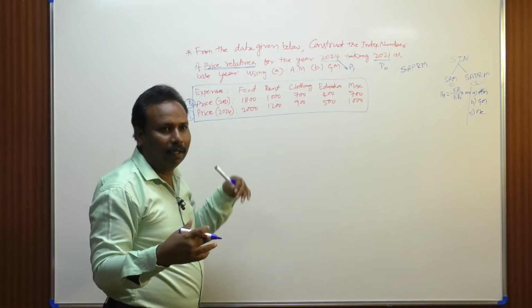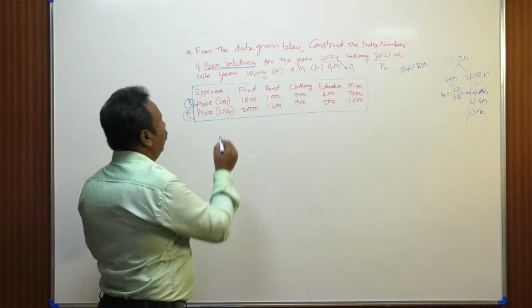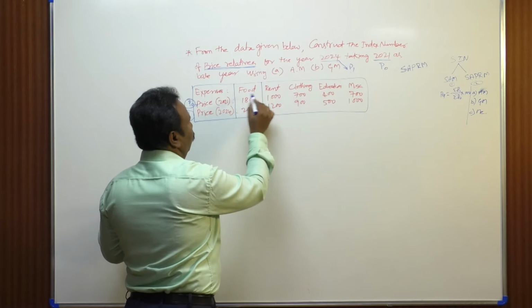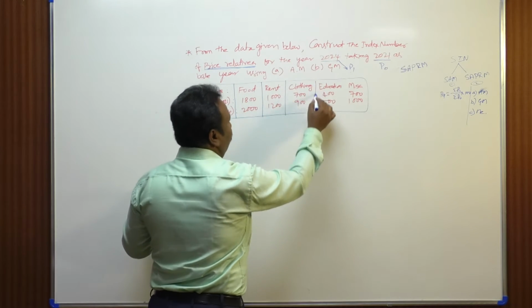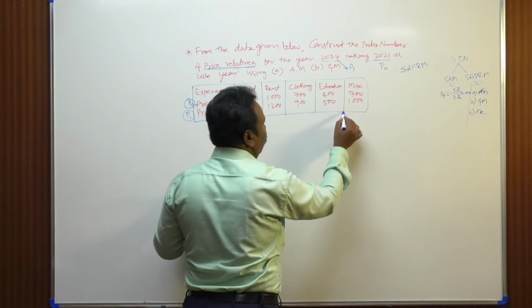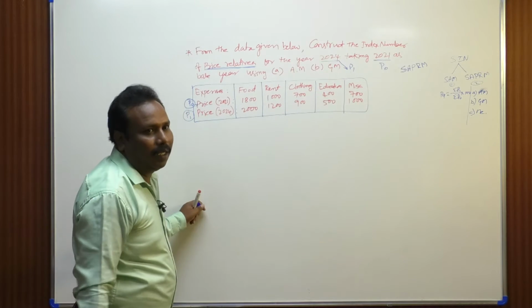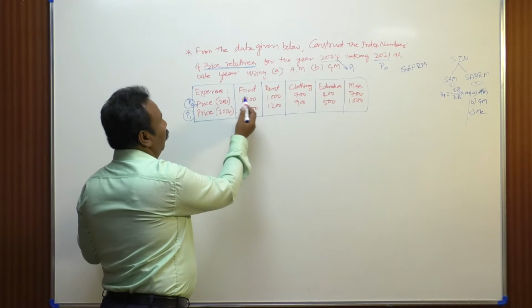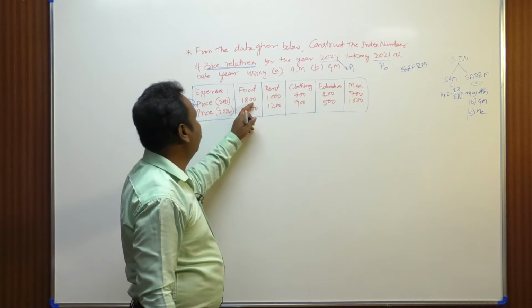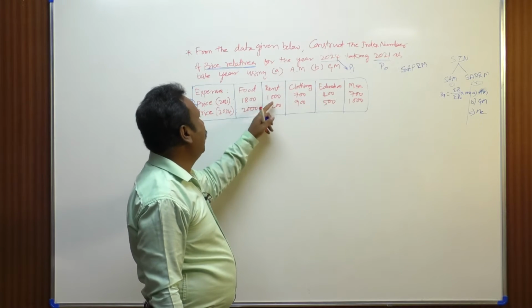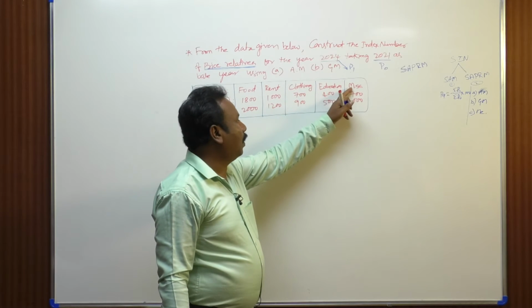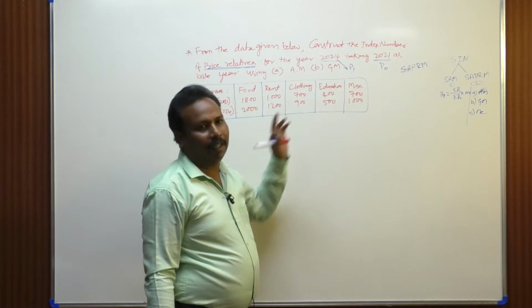Now expenses are given: for food, rent, clothing, education and other miscellaneous expenditure. In the year 2021, for food 1800 is spent by a person, rent 1000, clothing 700, education 400, other miscellaneous expenses 700.